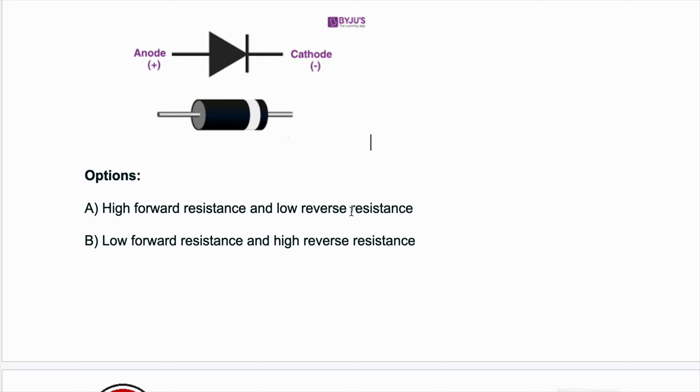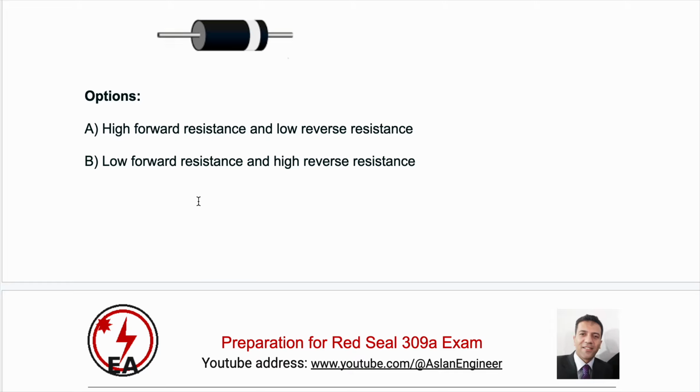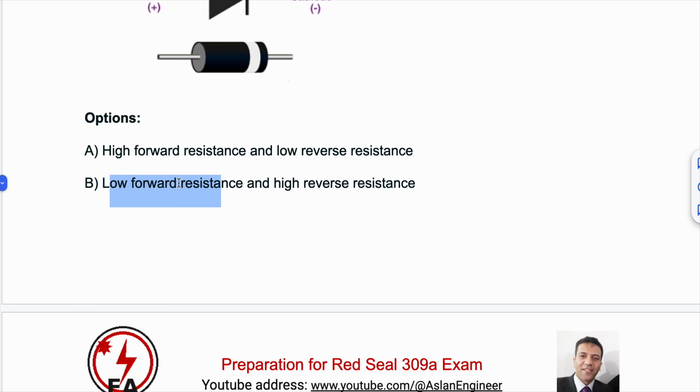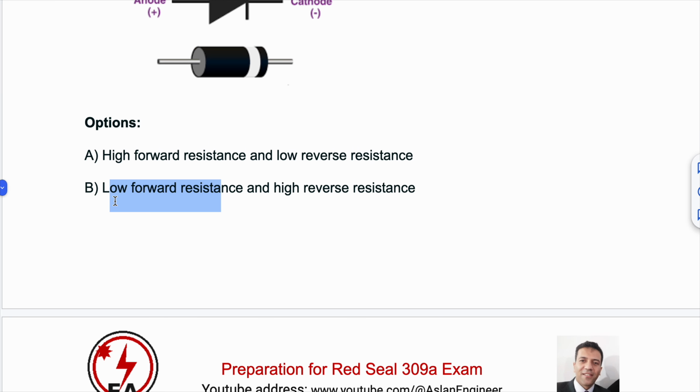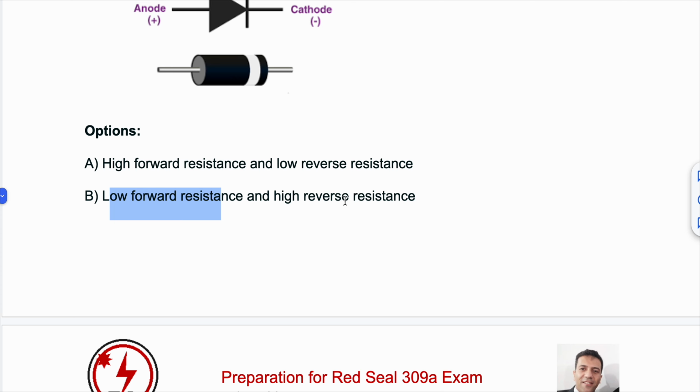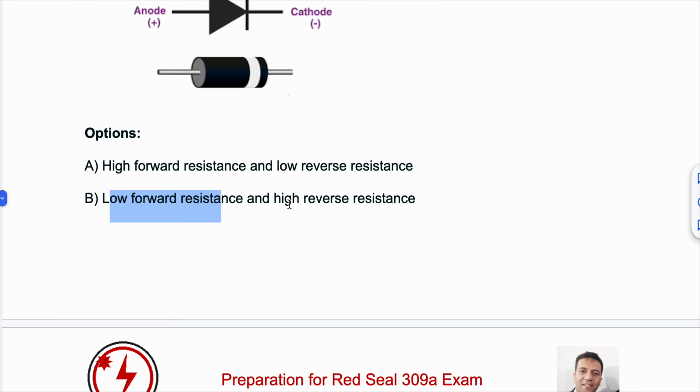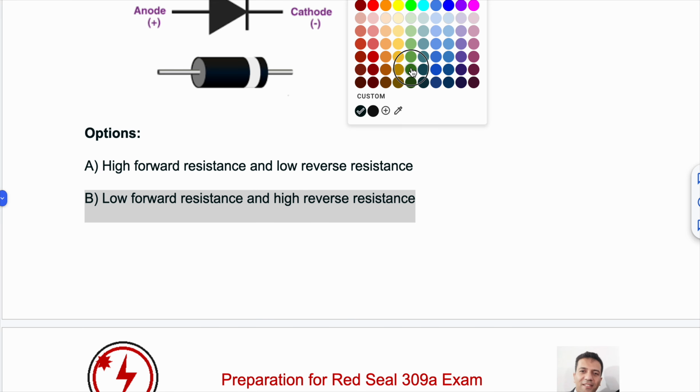The reverse resistance of a diode is high, so this option is not correct. Low forward resistance? Yeah, this statement is correct. When in the forward direction the resistance is low, and in the reverse direction the resistance is high, so this can be the correct answer.